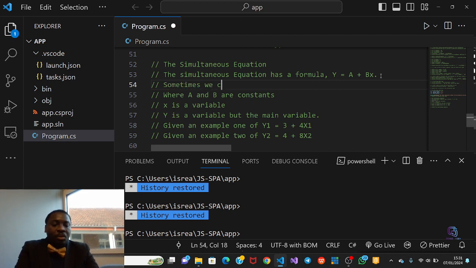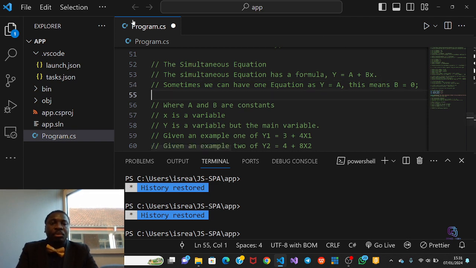Sometimes we can have one equation as y is equal to a. So this means b is equal to 0.